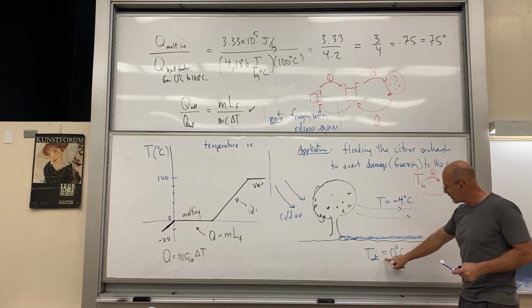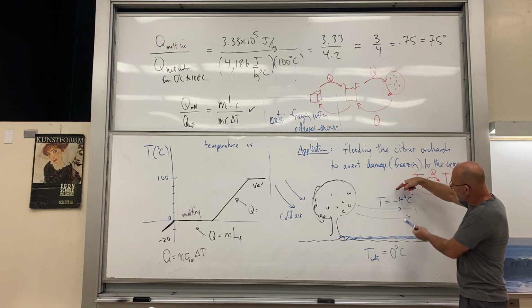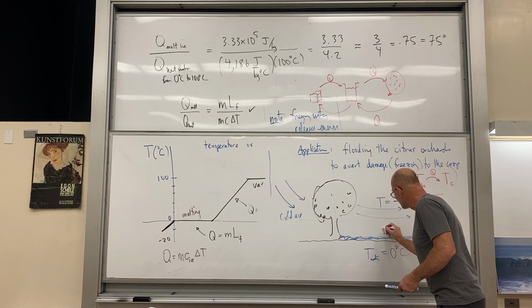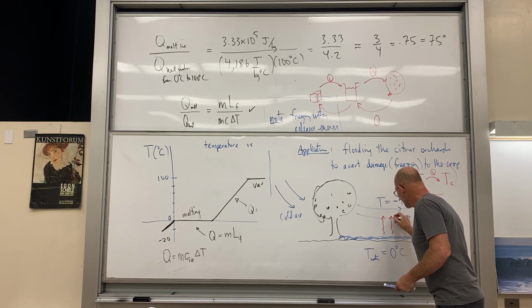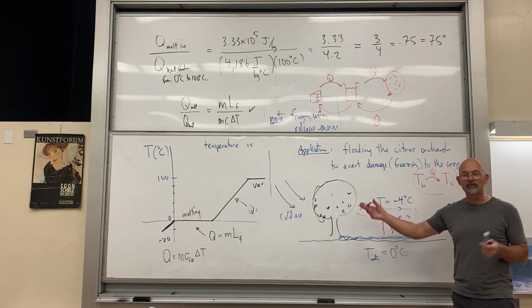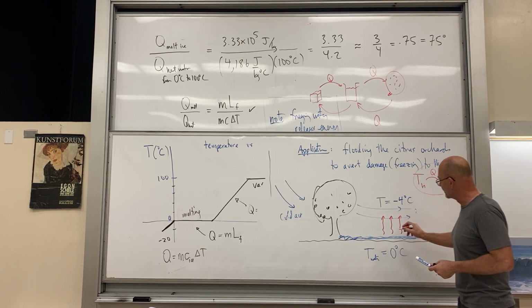So what we're getting when the temperature of the air is -4 degrees and the water is 0, we're actually giving off radiation, thermal heat transfer, all three forms as far as we're concerned here.